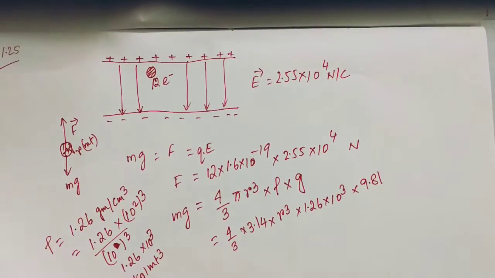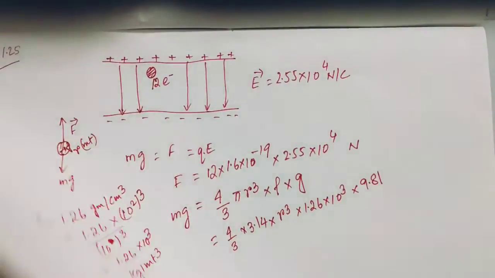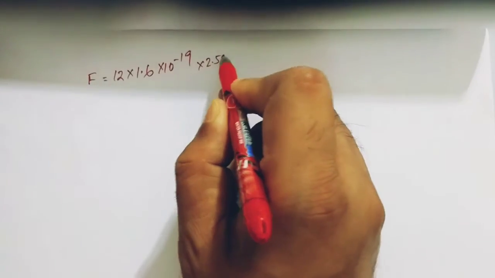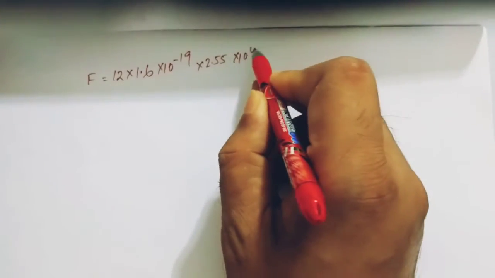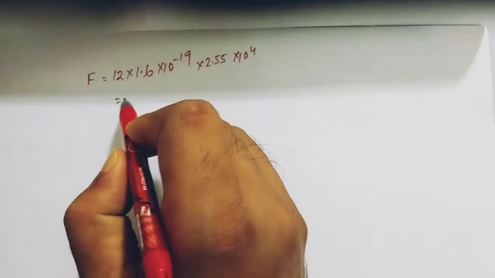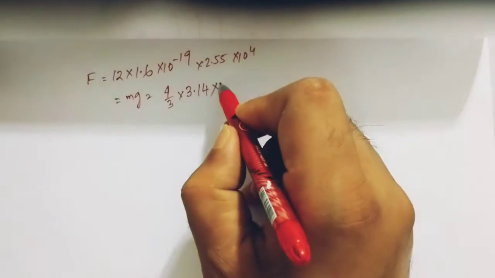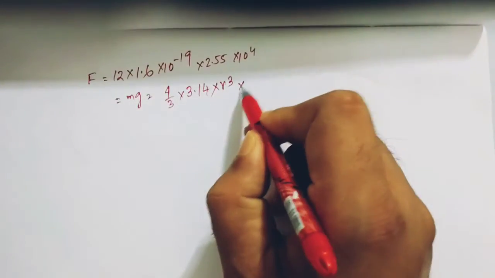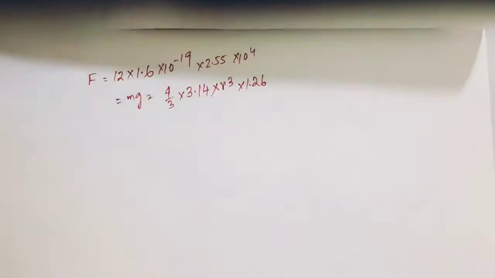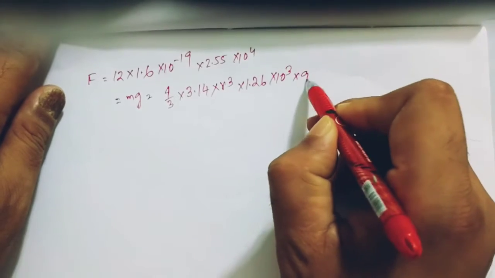So you see, F was 12 into 1.6 into 10 raised minus 19, and 2.55 into 10 raised 4, and this is equal to mg, which is 4/3 into 3.14 into r cube, and 1.26 into 10 raised 3 into 9.81.